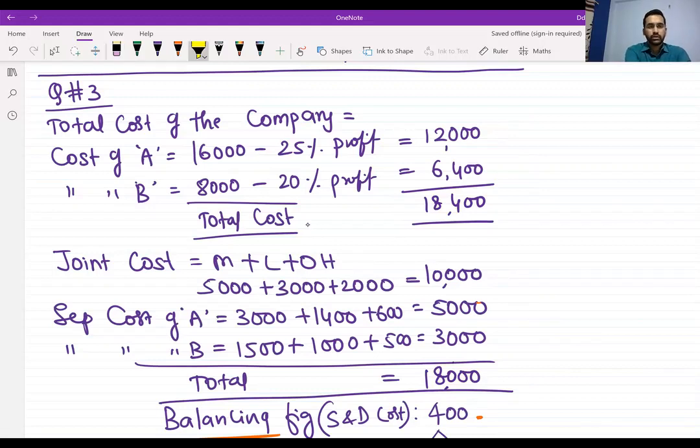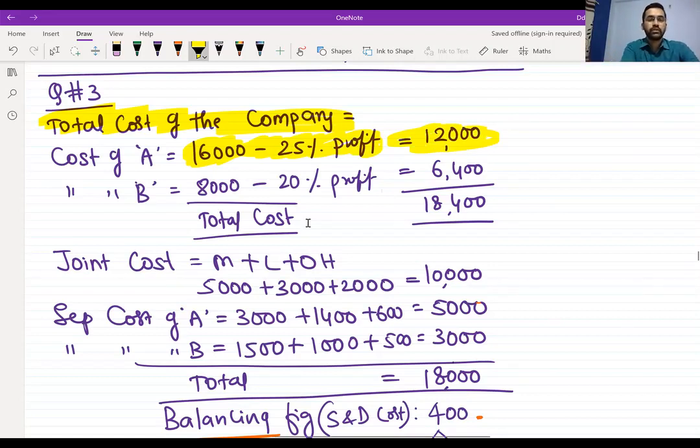First, total cost to the company. How to calculate cost of A, that is sales 16,000 minus profit 25% came to 12,000.